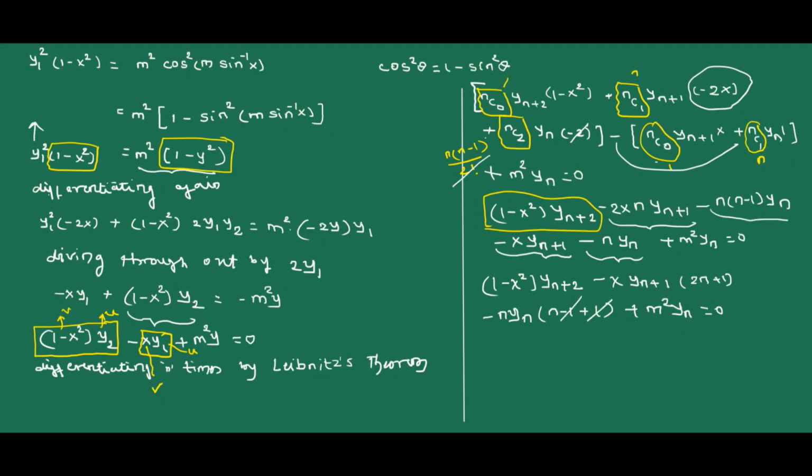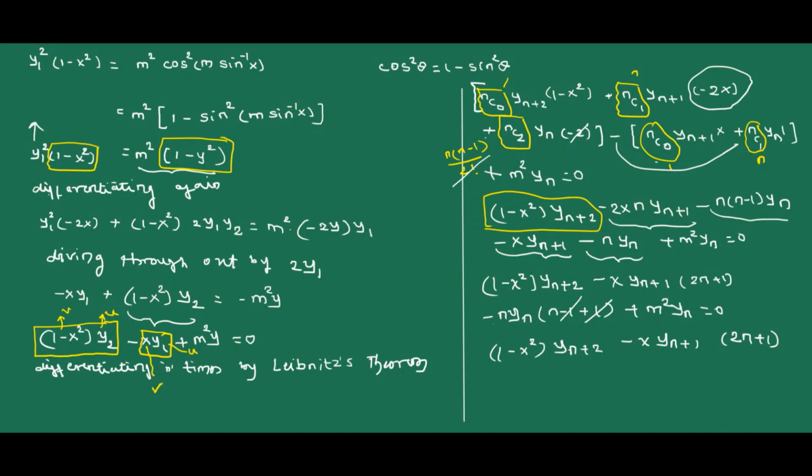And here -1 and +1 get cancelled, meaning in total you will get (1 - x²) y_{n+2} - x y_{n+1}(2n+1).